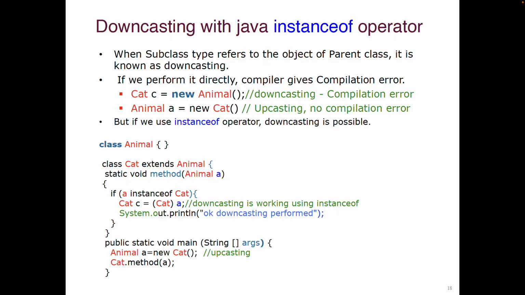So for that, let's look at this example, which takes an animal object, and if I really need to do a downcasting, I first need to check: is A an instance of Cat? If it is true, then yeah, I can stop the compiler complaining about this, and I can safely do this. Otherwise, I'm taking a risk. What if it is not?